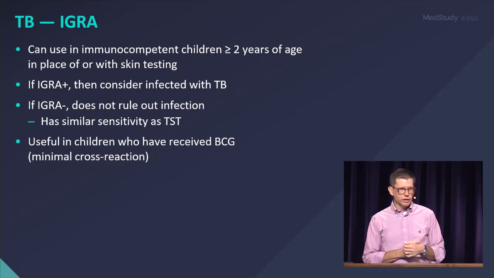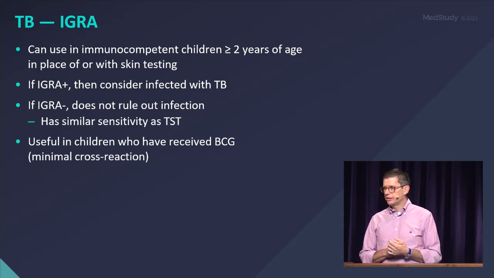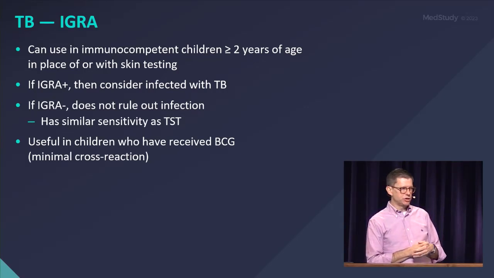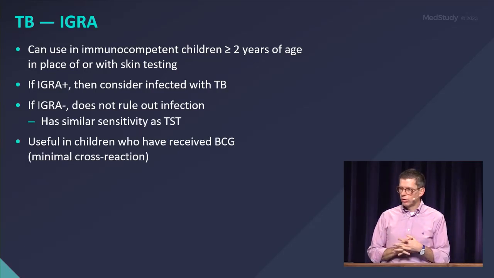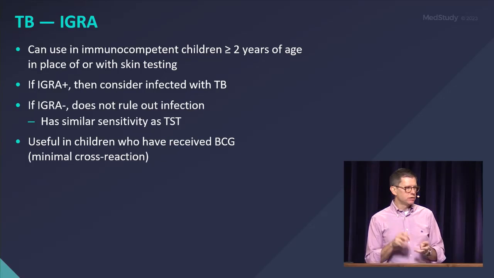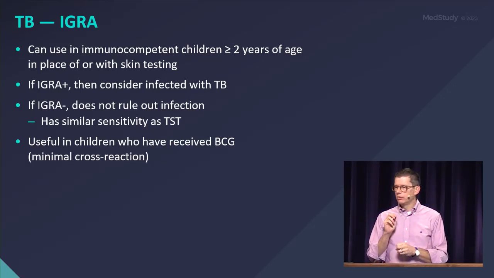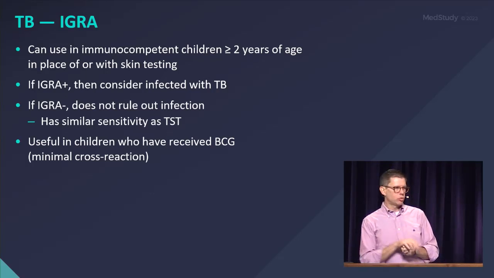It's very useful for kids who have had a history of BCG vaccine, because they're less likely to have cross-reactivity with the antigens from the BCG vaccine, with the QuantiFERON-Gold or T-SPOT. One trick the board sometimes likes to do is give you a kid who has been in the United States since the age of 2, and they're now 12.